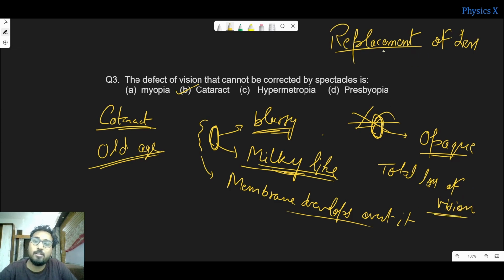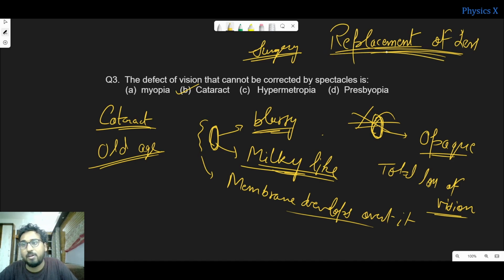For correcting this, we perform a surgery. Surgery is the possible treatment to replace this lens with an artificial lens. Since this involves surgery and replacement of the lens, it cannot be corrected by spectacles.